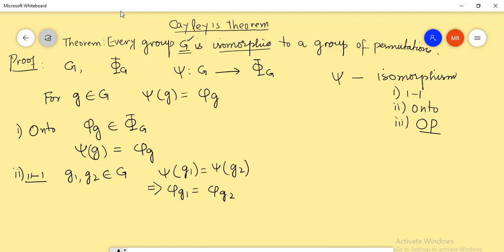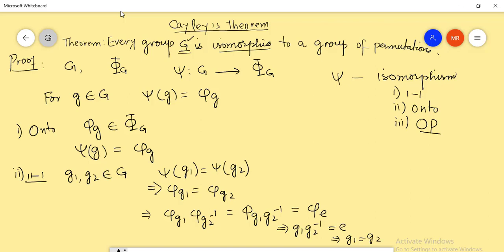Or, we can further write this as phi_g1 times phi_g2 inverse, which is equal to phi_g1g2 inverse, which is equal to phi_e, and hence it further implies that g1 g2 inverse is equal to e, or it means that g1 is equal to g2.